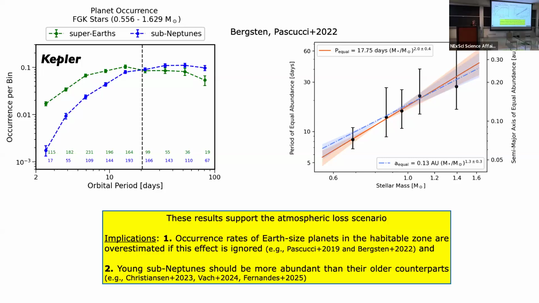The second one is that you would expect more young sub-Neptunes and Neptune-sized planets around, exactly, young stars. And so there has been a growing literature using K2 and also TESS looking at these demographics.